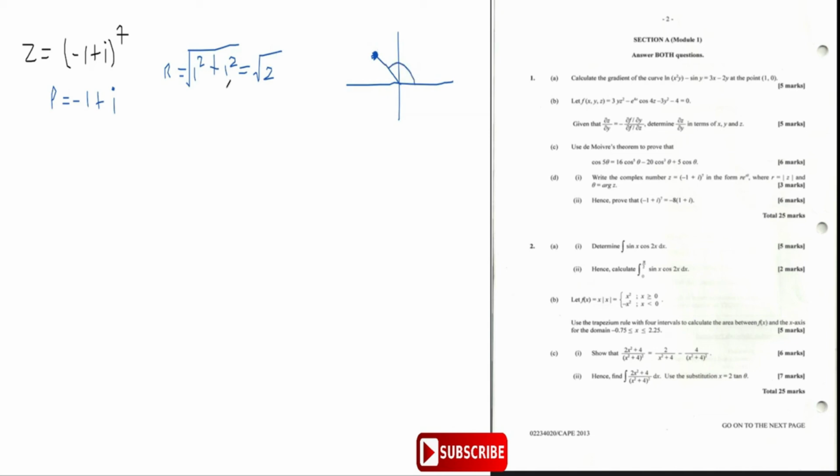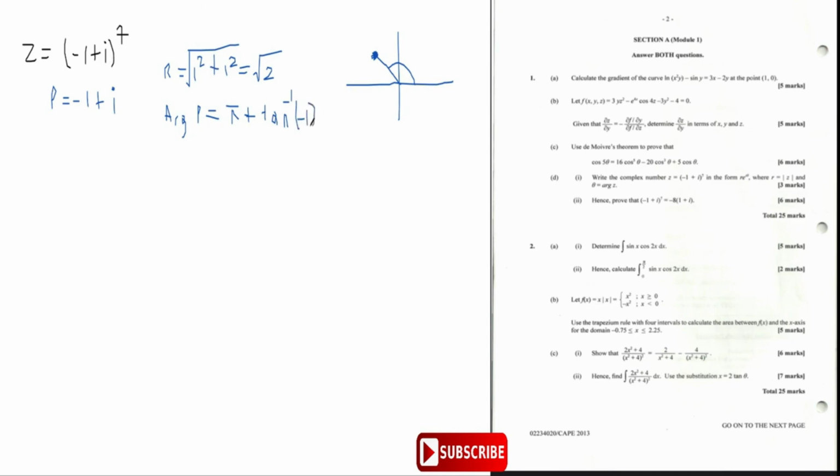So the argument of P is going to be equal to pi plus tan inverse of 1 over minus 1, which is minus 1.